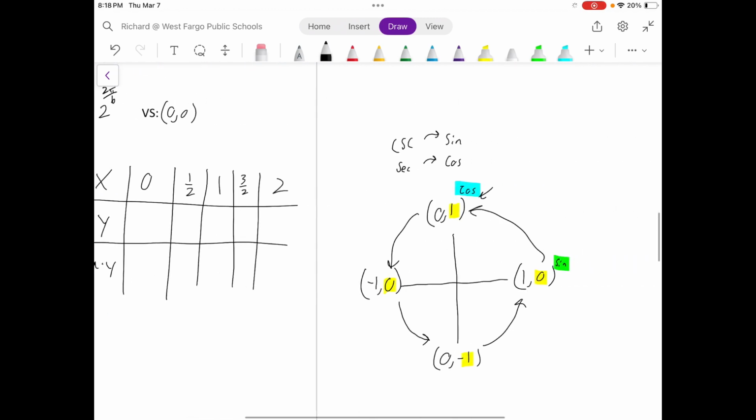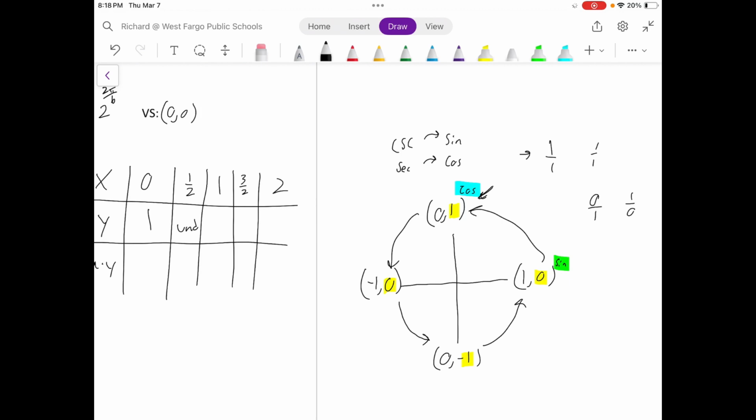Because we are doing a secant problem, over here you can see that the secant is a reciprocal of cosine, so we will start right at cosine right here. So our first number will be 1, and then 0 is technically 0 over 1. Finding the reciprocal gets you 1 over 0, which is undefined.